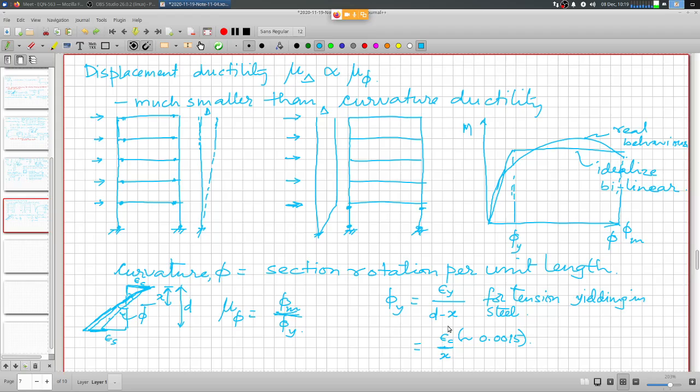Right, so that's close to the peak stress that is achieved in unconfined concrete.